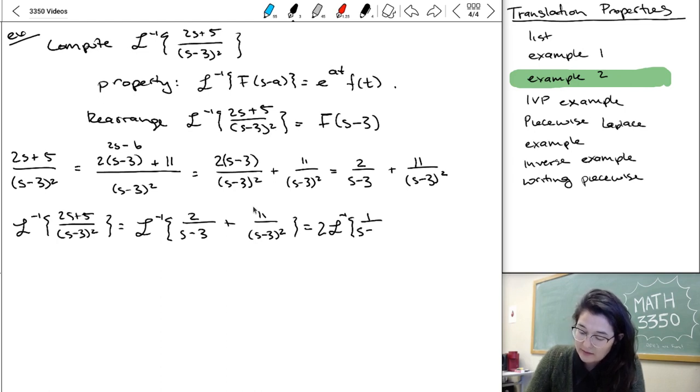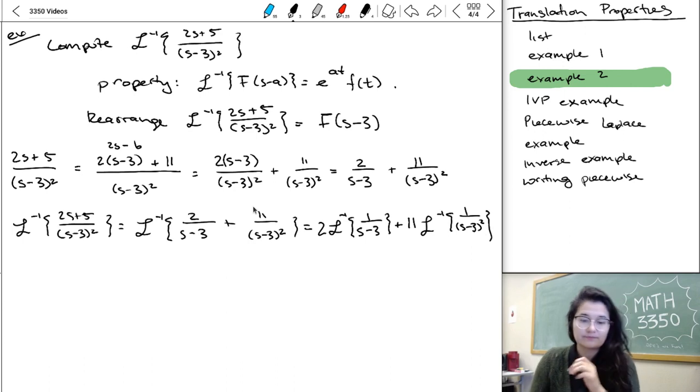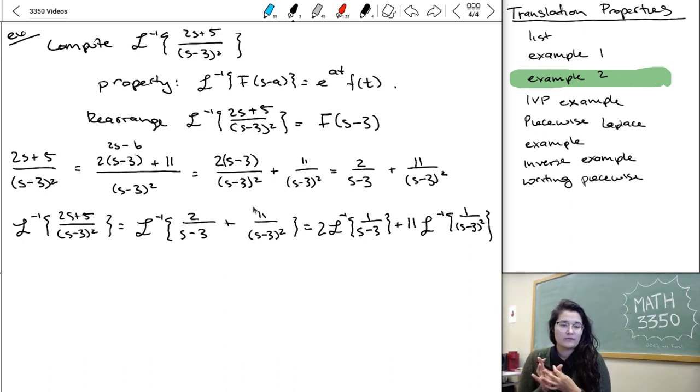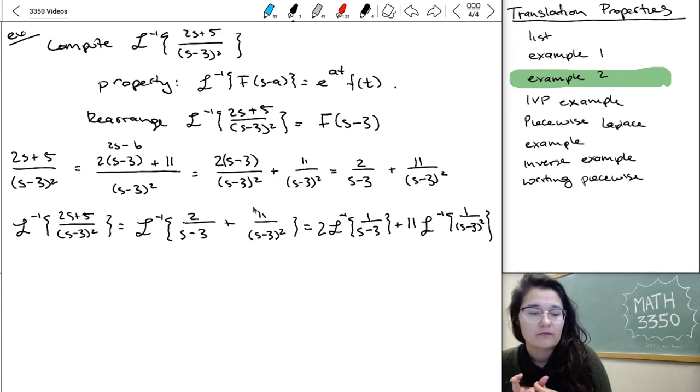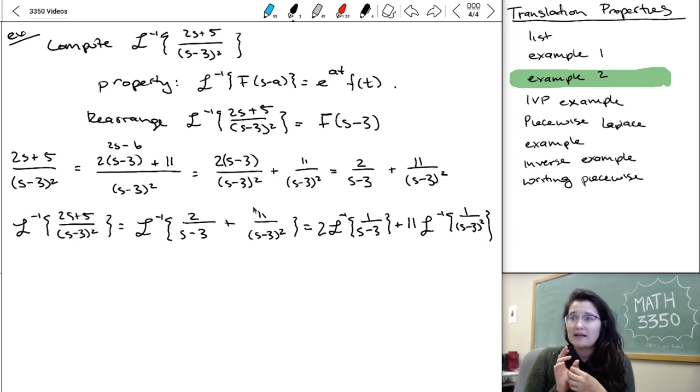So 1 over s minus 3 by itself. And then I'm going to bring my 11 out front and look at L inverse of 1 over (s minus 3) squared. And then I need to take inverse Laplace of both these terms.